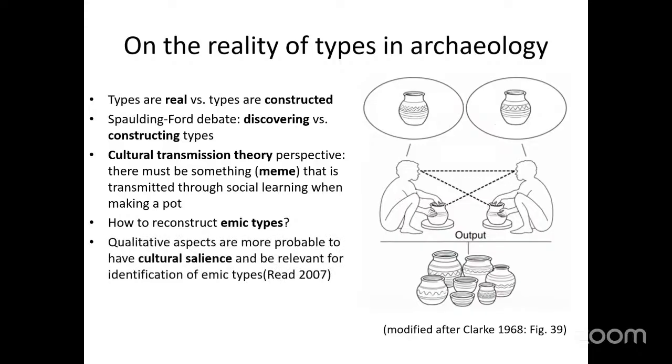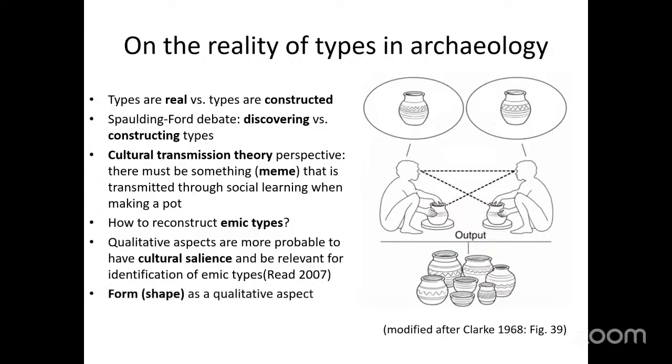Now, we accepted a framework formulated by Dwight Read in perhaps the best book on artifact classification, and the name of the book is the same, Artifact Classification in Archaeology. And his position is that the aspects of material culture which are most likely to carry this information about the emic are qualitative attributes of objects.